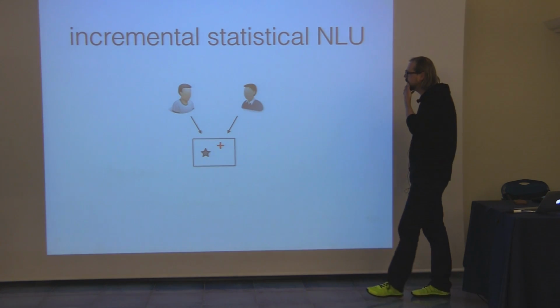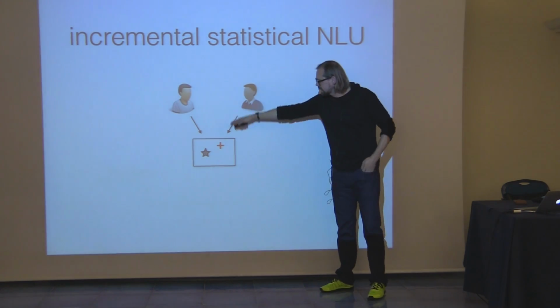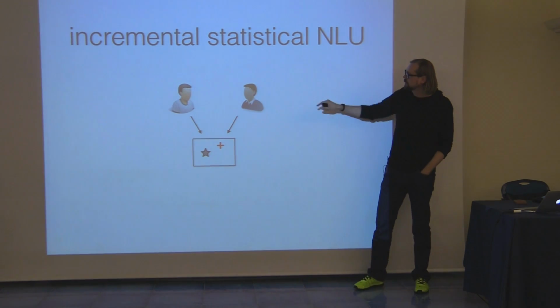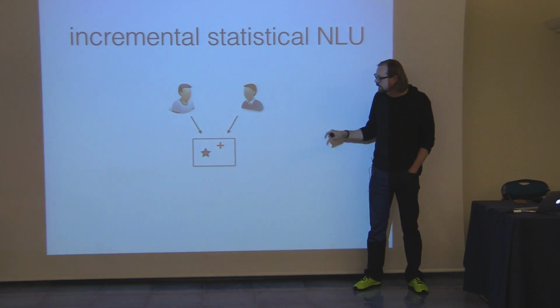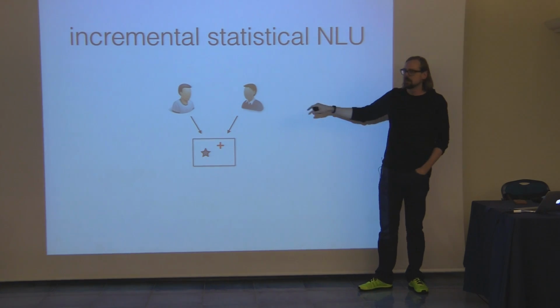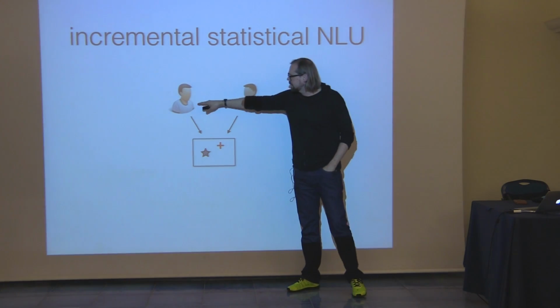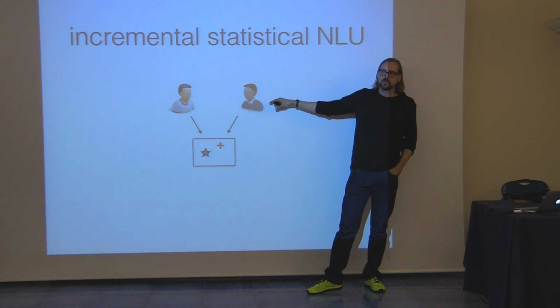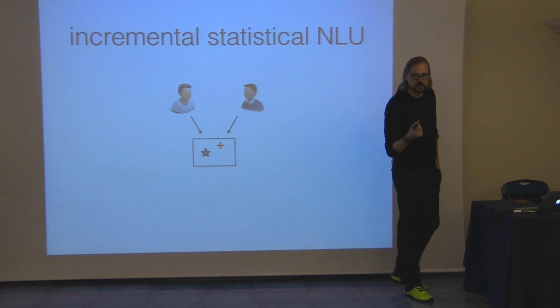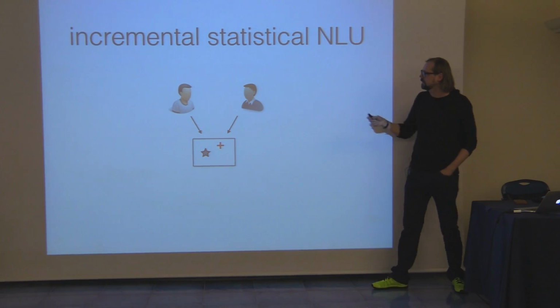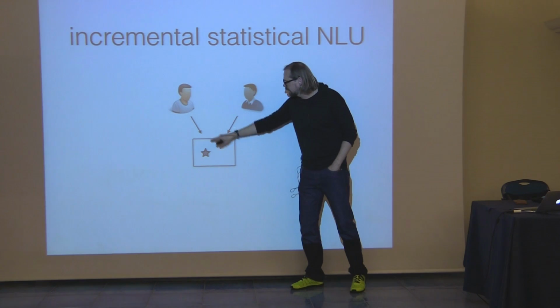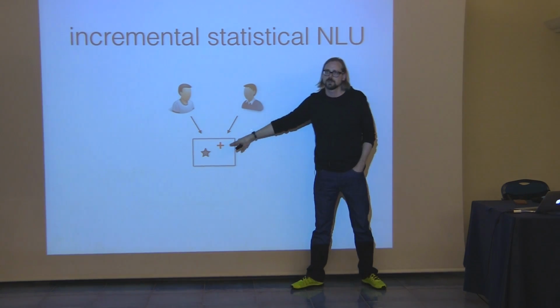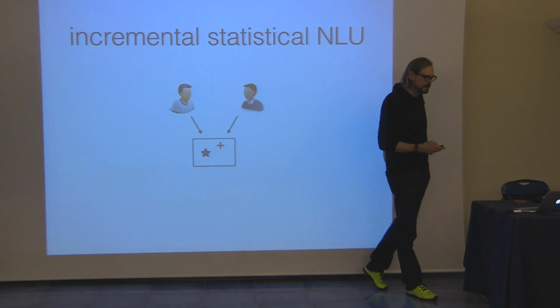Okay, so what we have are situations like this. And now if we suppose that B says take the red cross, we want A to understand not only that B wants a red cross to be taken, but we want A to understand that it's this particular red cross that they're supposed to take, right?